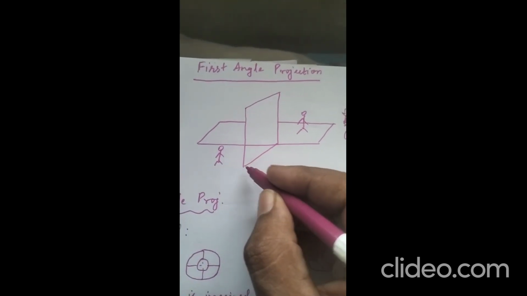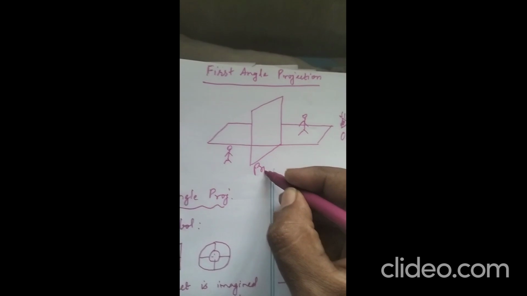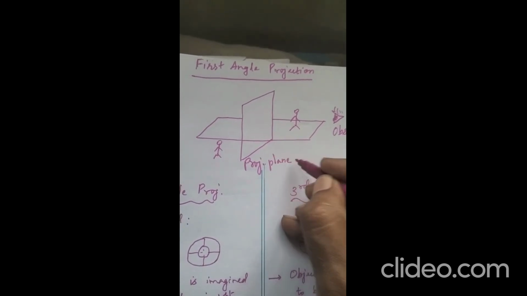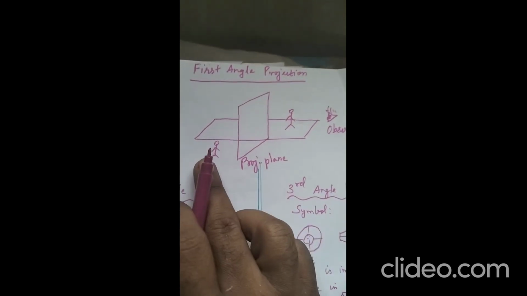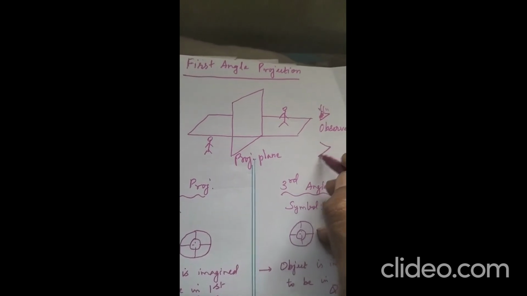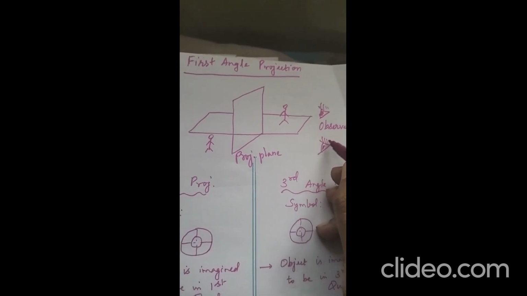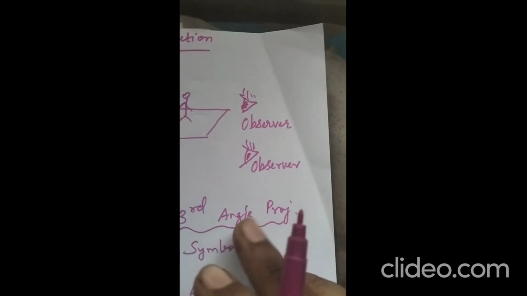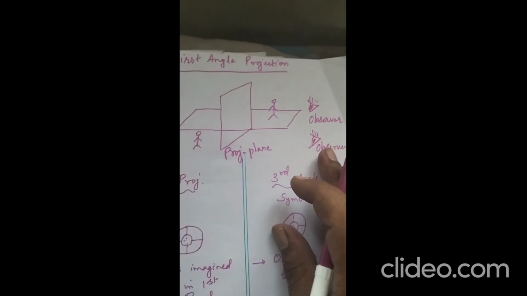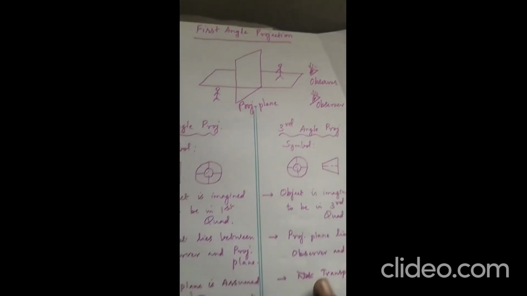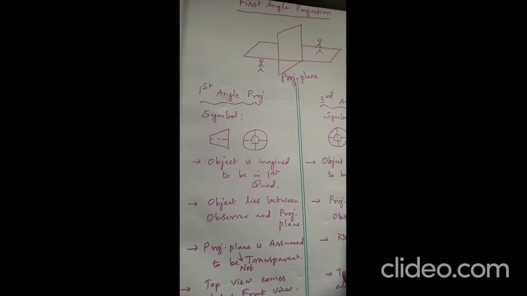Here we can see this. This is the projection plane. This projection plane is lying between the object and the observer's eyepiece here. The same observer in the case of both. So the projection plane lies between the object and the observer. This is the fourth difference.